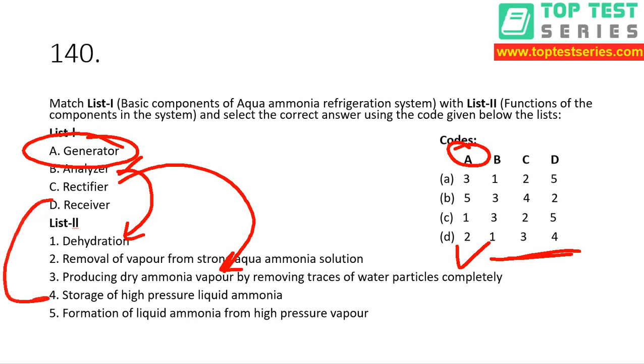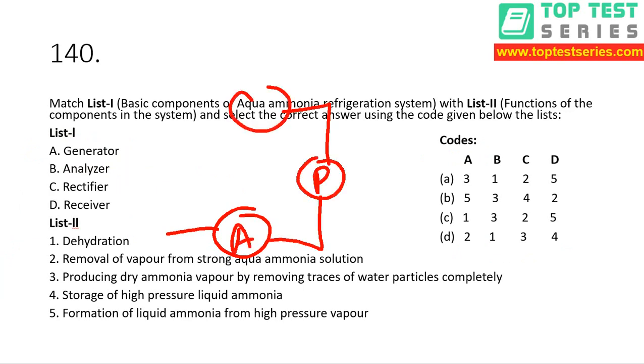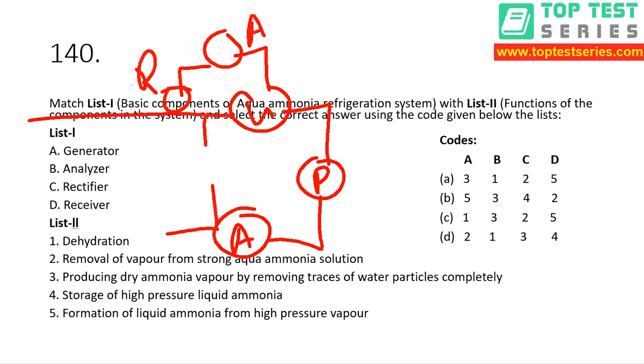What is the receiver doing, my dear? It is a storage device; it is storing. So, my dear, if you go through the VARS diagram, not VCRS, this one is the absorber, this one is the pump, this one is the generator, this one is the analyzer, this one is the rectifier, and so on. If you get confused whether the rectifier will be first or the analyzer, remember the English alphabet.